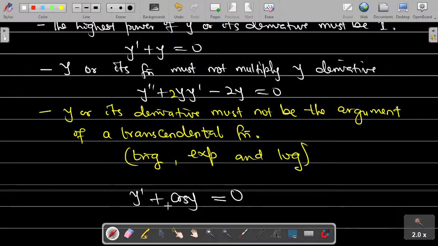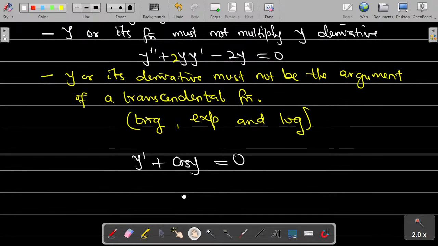You can also say that the degree is undefined because you would need to clear this transcendental function on y to be able to determine the degree. But you can actually say maybe 1. And now, is it linear? Straight away, it is not, because y is an argument of cosine here. So you say that it fails one of the conditions for linearity.